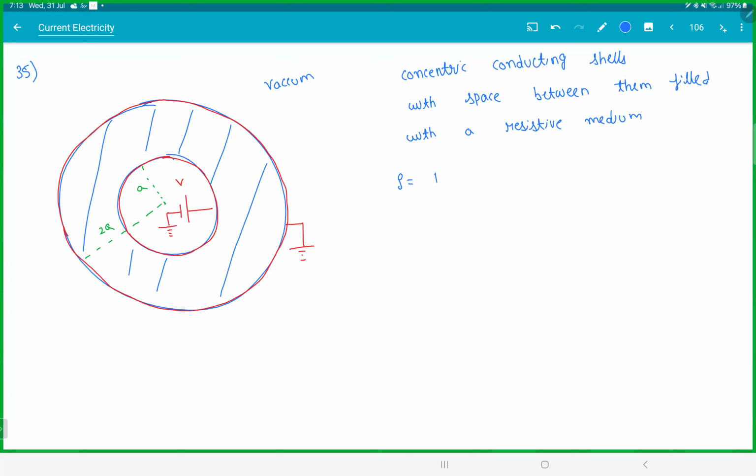Rho is the resistivity. K is the thermal conductivity. So when the current is flowing from inside to outside, heat is being produced throughout the whole thing. E is the emissivity. Sigma A E T power 4, that E. So potential difference V is applied between the inner and the outer shell.